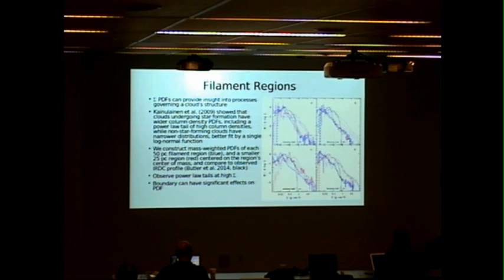What these PDFs can tell us is, it's been shown that the presence of a power law tail indicates that the cloud is currently undergoing star formation, whereas non-star forming clouds basically don't exhibit this power law tail. So for all of our filaments, we do see this power law tail at the end.